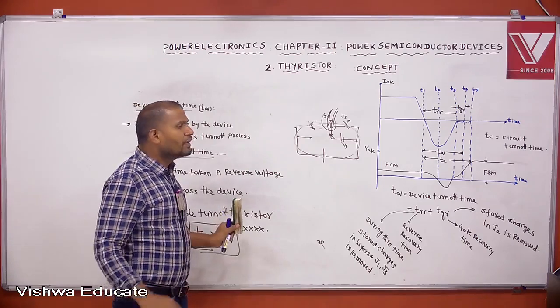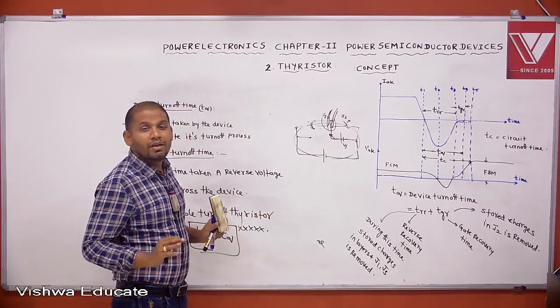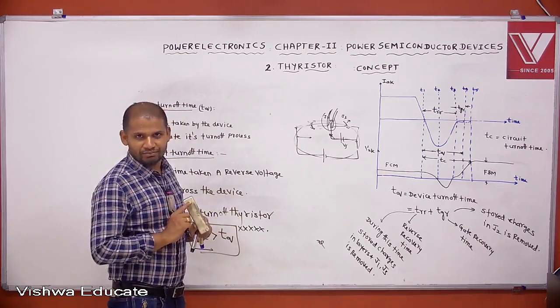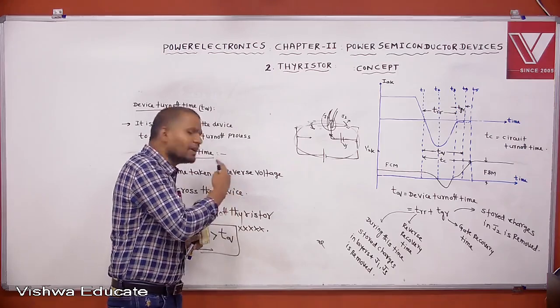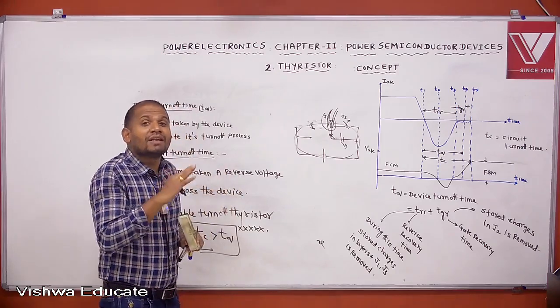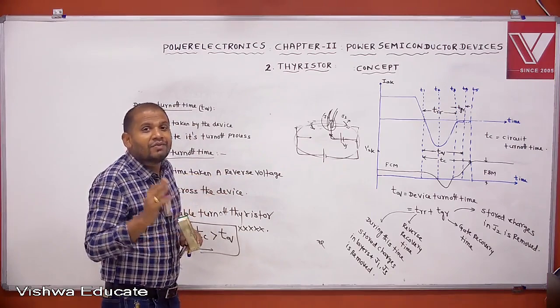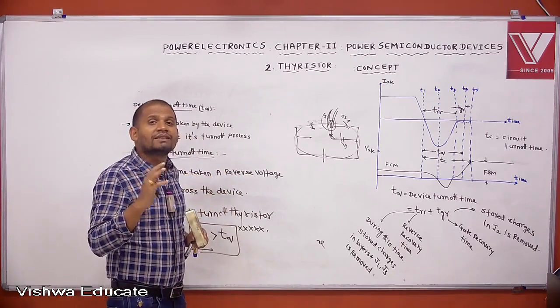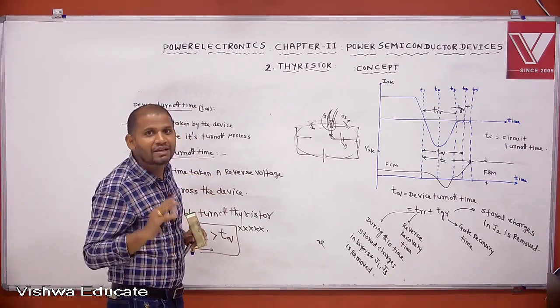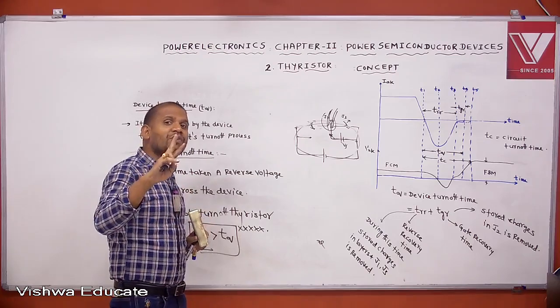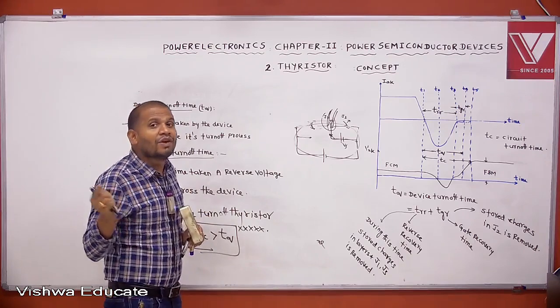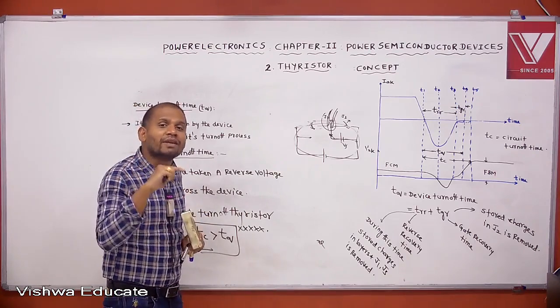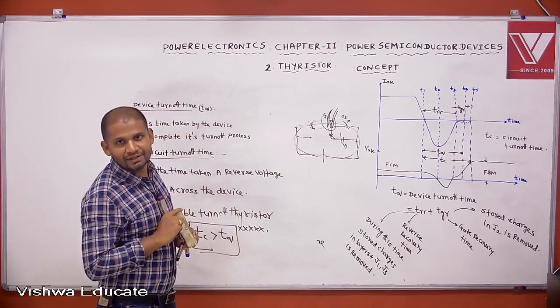Now I want to explain based on this turn off time, the turn off time of the device and the circuit turn off time. Based on the turn off time, thyristors are mainly classified into two types: converter grade thyristors and inverter grade thyristors.